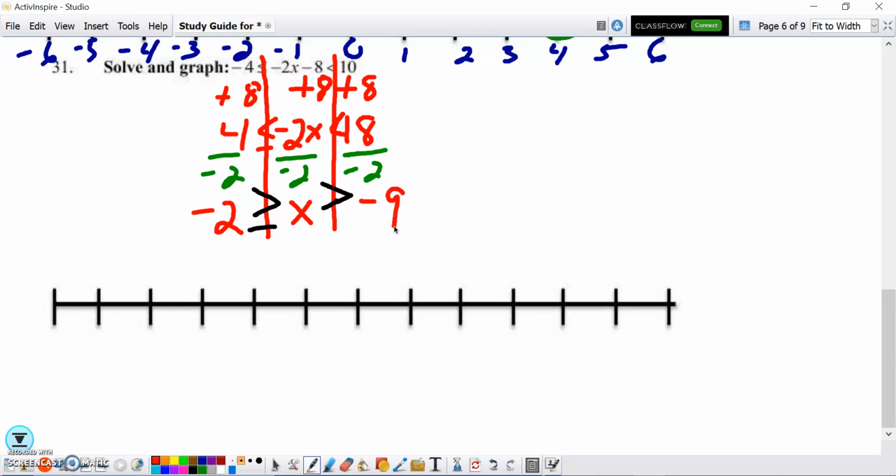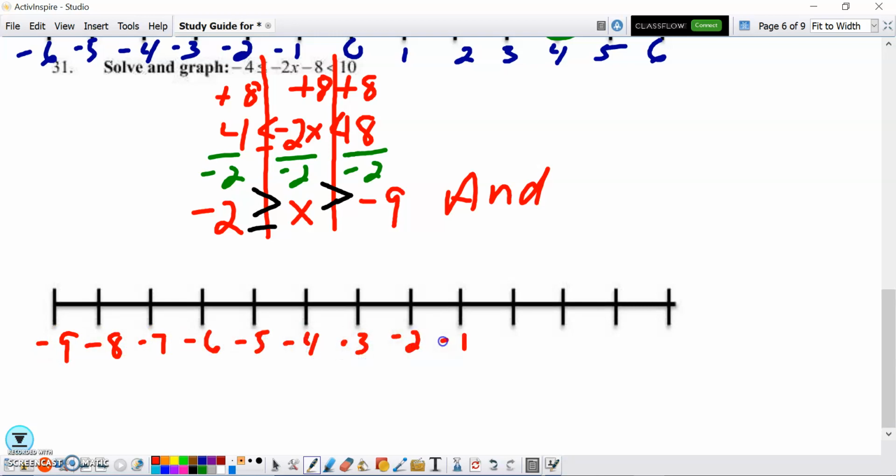Well, we got to make sure we get a -9 on our number line. So I'm going to start counting with -9, and it's an and situation. So I'm going to go with -9 there. All right.